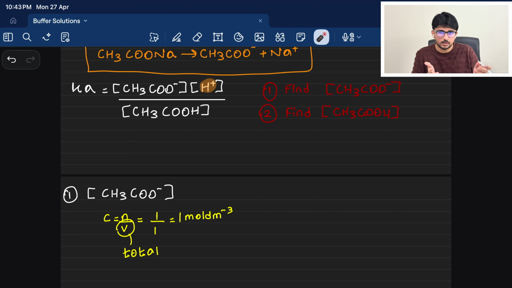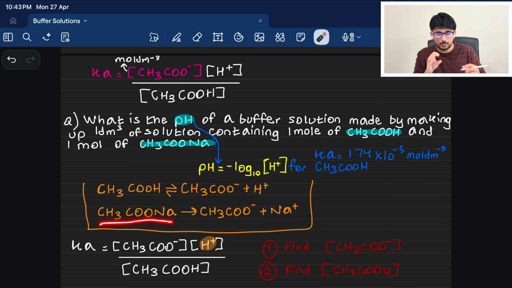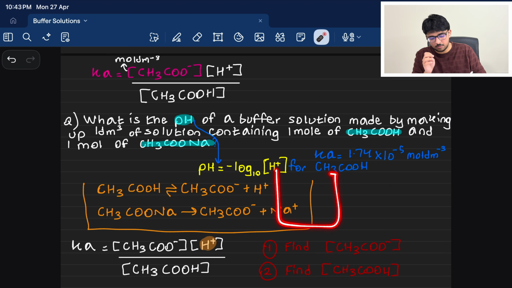In different containers, the same sodium ethanoate will have a different concentration. So let's say I take 10 ml of sodium ethanoate in a beaker, and now I put 100 ml of water inside of it. The concentration is going to decrease because I'm diluting the salt.